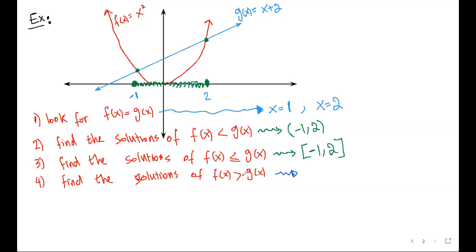Anyone want to solve this question? Any idea? From negative infinity to -1, and from 2 to positive infinity.